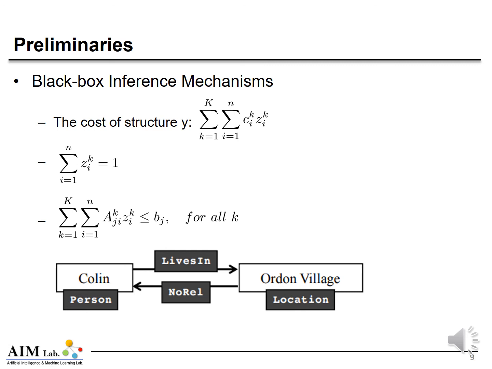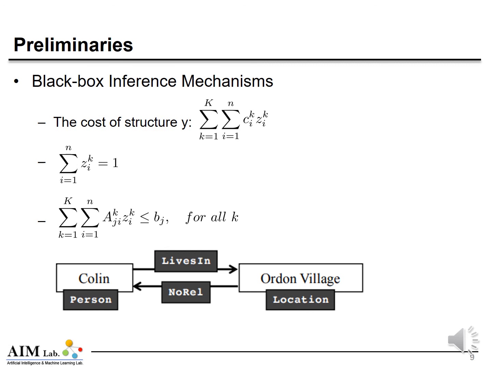In addition, we can define the set of valid structures Y using a collection of M linear constraints. These structural constraints characterize the interactions between the categorical variables. For example, if a directed edge in the example is labeled as lived in, then its source and target must be a person and a location respectively.